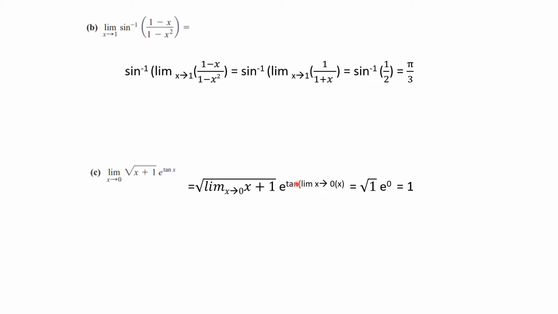But tan 0 is equal to 0, and that means e will be raised to the power 0. So the first is going to give us square root of 1, which is 1. And the second will give us e to the 0, which is also equal to 1. So square root of 1 multiplied by 1 will give us 1, and that's the limit.